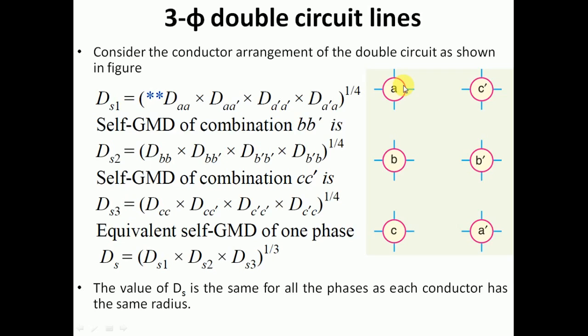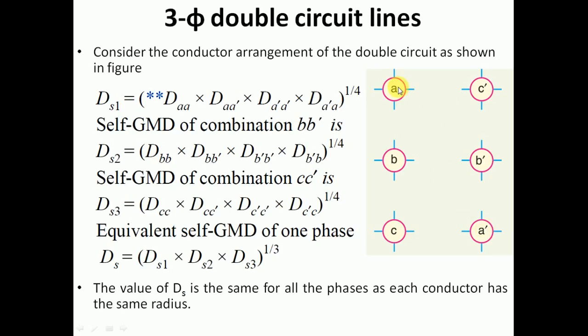And to achieve a low value of DM, that is mutual GMD, the distance between phases is kept very small. You will be able to see the distance between phase conductor A and phase conductor C and phase conductor B. All these distances are very small compared with the distance between the individual conductors of a particular phase.